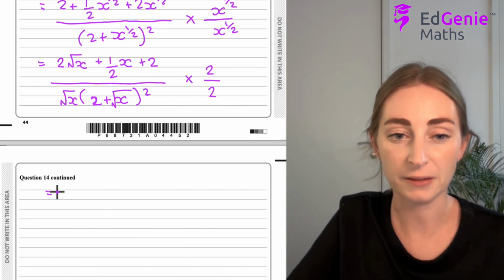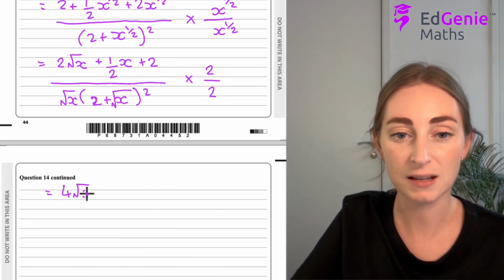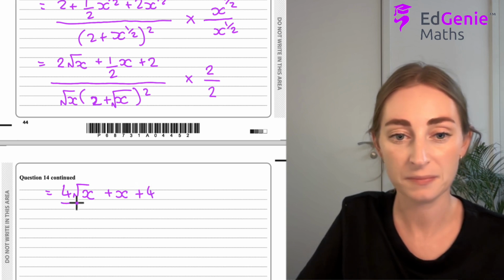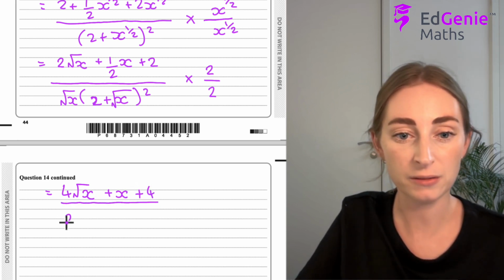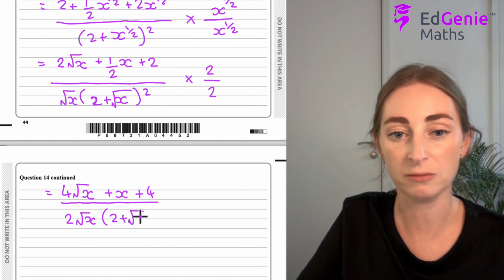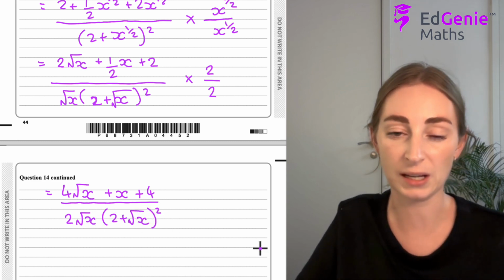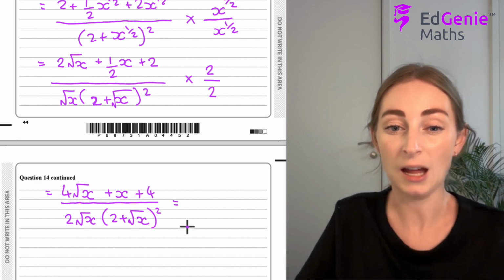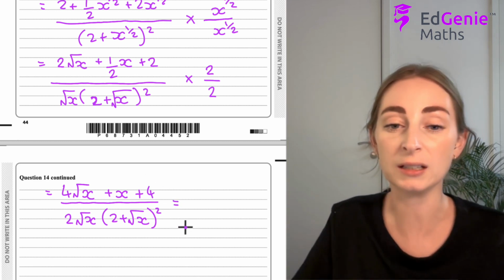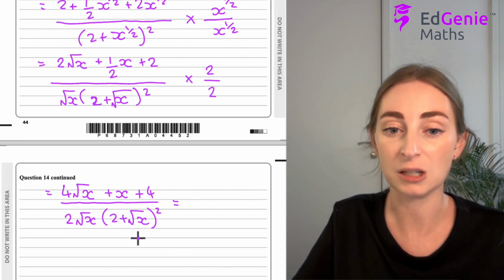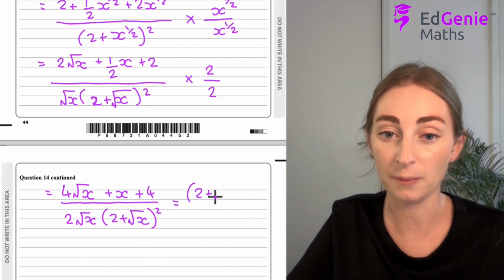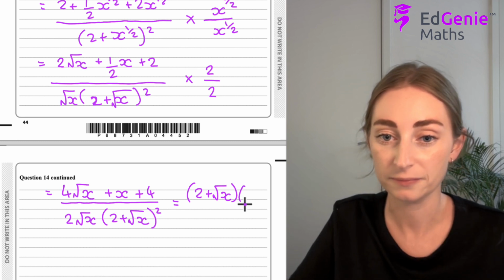So we're going to have 4 root x plus 4 all over 2 root x multiplied by 2 plus root x all squared, because now I can actually factorize this numerator, and I'm absolutely hoping that one of the brackets is going to be 2 plus root x. So I'm going to put it there because I'm feeling optimistic.